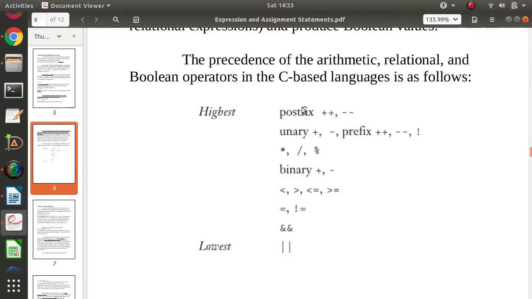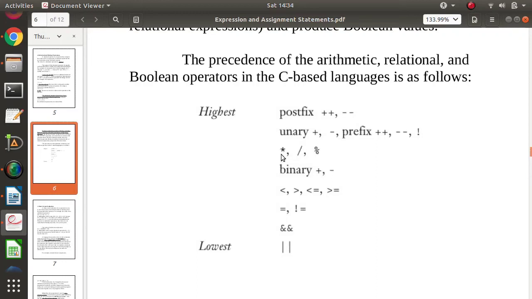All those mentioned in the same line have the same precedence. Those mentioned at the top have the highest precedence compared to those written at the bottom. So they have the highest precedence, second highest precedence, third highest precedence.